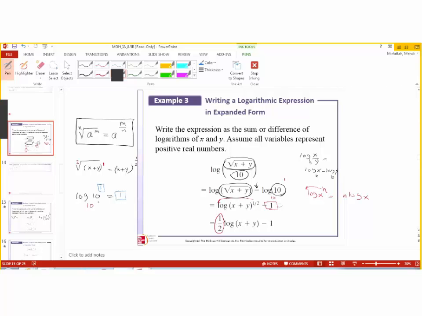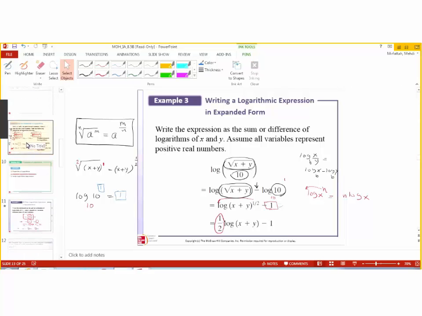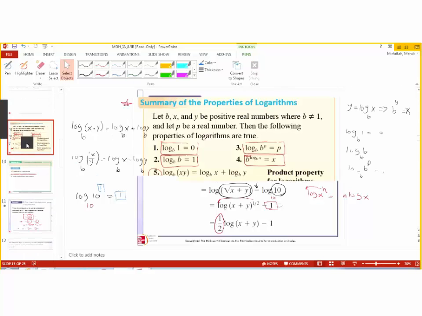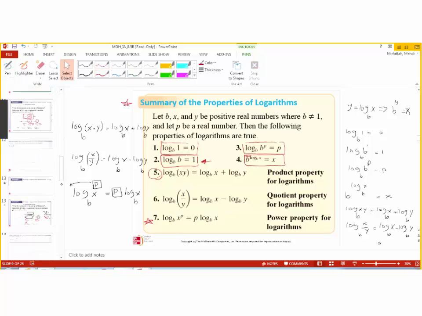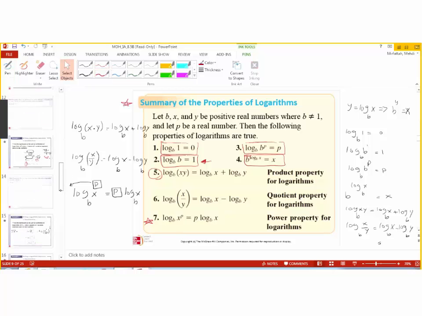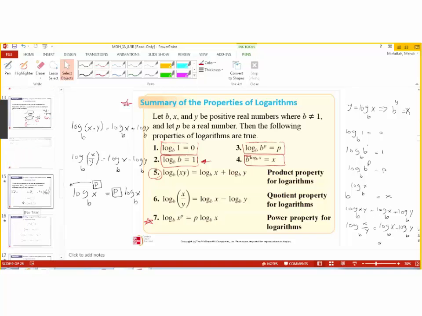That's why you get 1 here. You see that? This is one of these properties that we listed up here. The summary, this one right there. We did this one. Alright, good. Looks like you're okay with that.